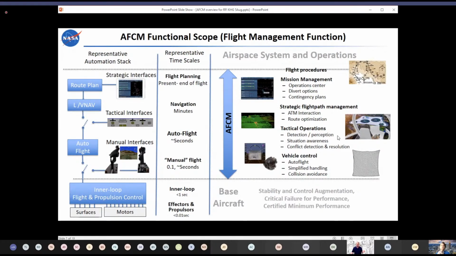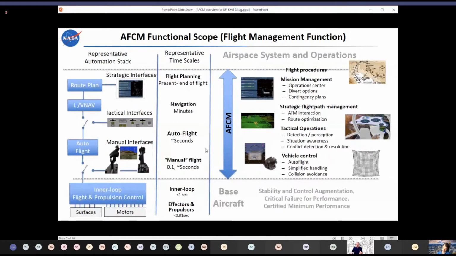So this involves first being able to sense, to detect or perceive what is in close proximity to the vehicle, forming that into an integrated sense of situation awareness, and then being able to appropriately identify and resolve conflicts to the safe execution of the flight.